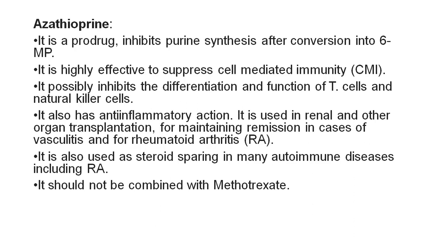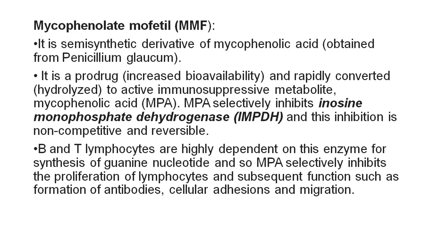It has anti-inflammatory action. It is used in renal and other organ transplantation, for maintaining remission in cases of vasculitis, and for rheumatoid arthritis also. It is also used as a steroid sparing agent in many autoimmune diseases like rheumatoid arthritis. It should not be combined with methotrexate.